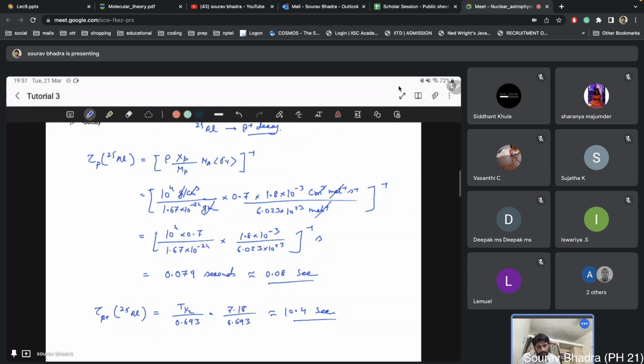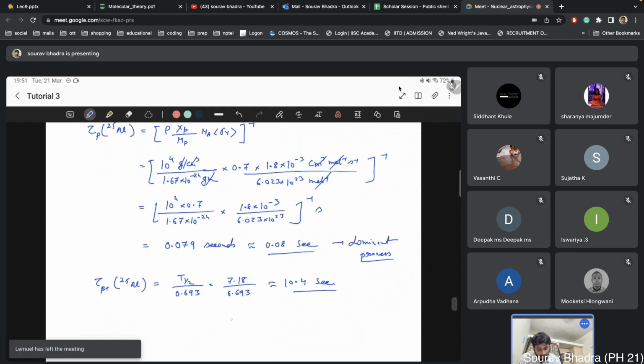So actually this proton capture will be the dominant process rather than the beta plus decay. The sole reason is that tau of 15Al is much smaller than tau of beta plus decay. So the reaction which has a smaller time will be dominant over the other. This has been done in the class, just taken from there.